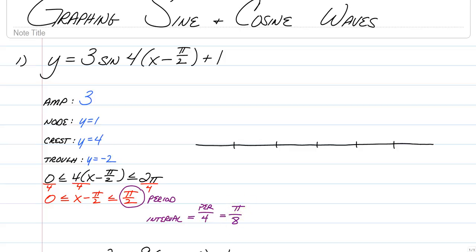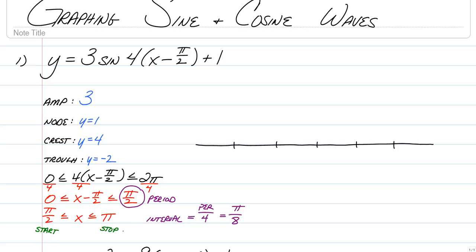Okay? Now, going back to our equation, we're going to add pi over 2 to both sides. So this is pi over 2, which is less than or equal to x, which is less than or equal to pi over 2 plus pi over 2, which is pi. Now once we get to this location of the equation, this is our start and this is our stop.